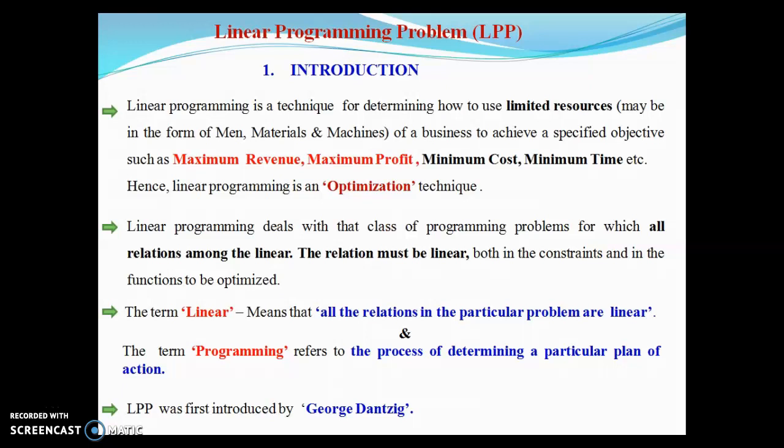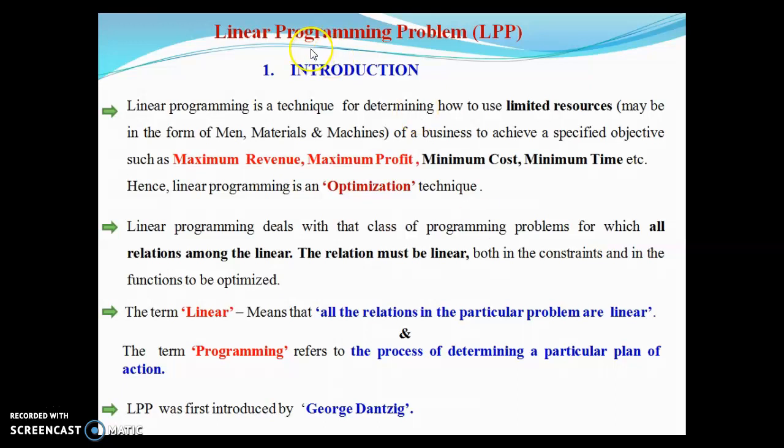The term linear programming means the relationship among two or more variables which are directly proportional. Linear means we can say all the relations in the particular problem are linear.